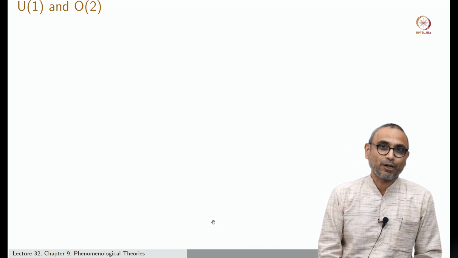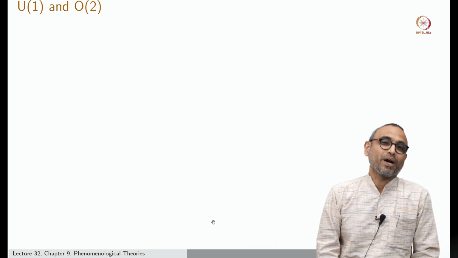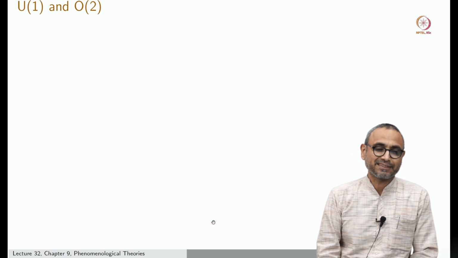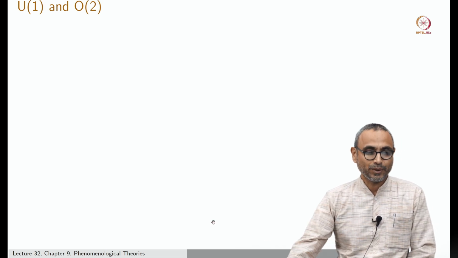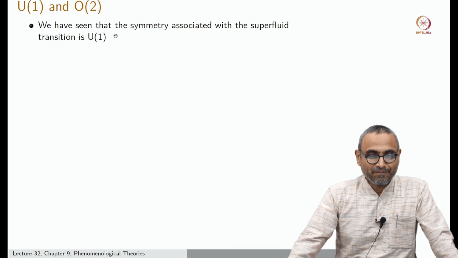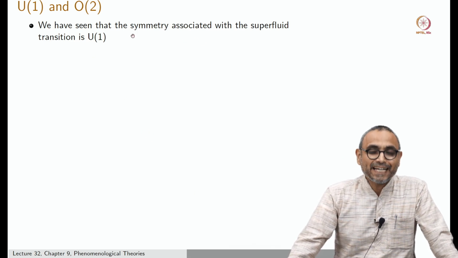I will show you in this slide that U1 is actually more than morally the same as O2, as you will see. My point is, within our framework, if you put n equal to 2, we can study superfluids. That's what I'm trying to convey in this slide.